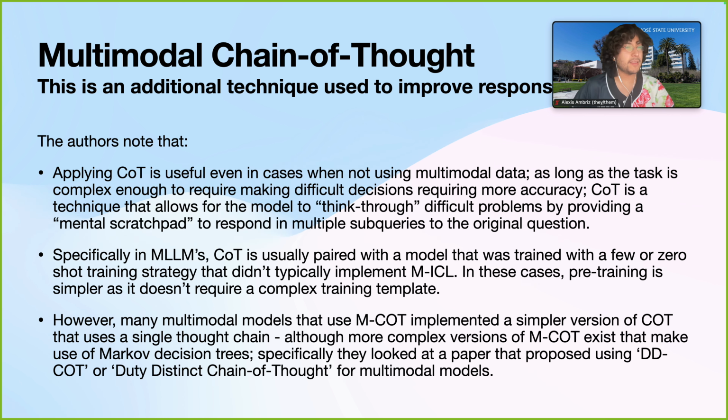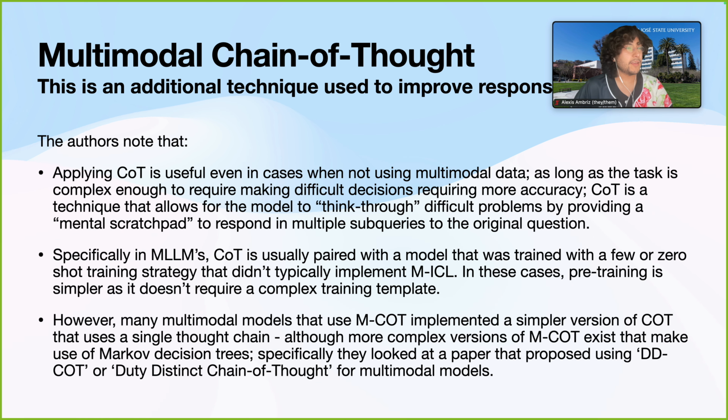Nowadays, they use Markov decision tree chain of thoughts, where they have multiple chains of thought going at the same time, and they can go back to earlier splits in the chain if they decide they need to because they reached an inconclusive answer.